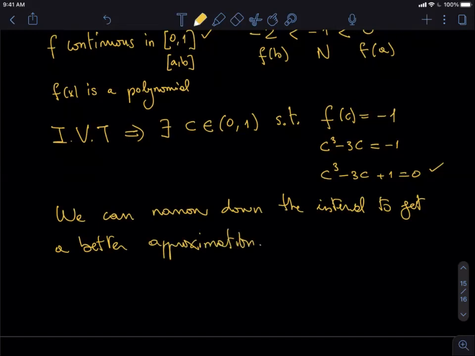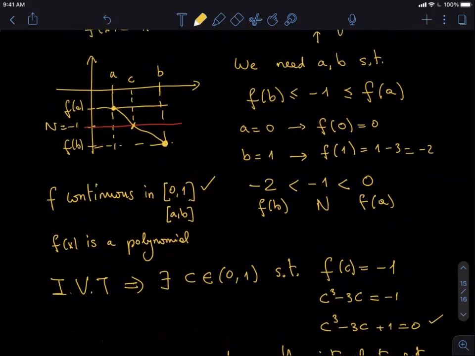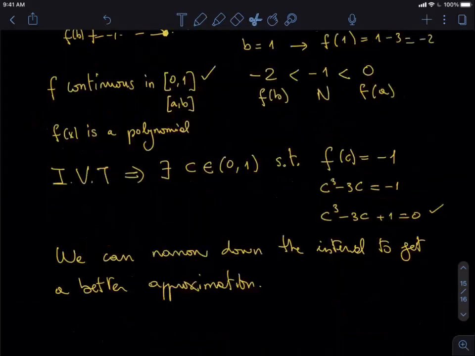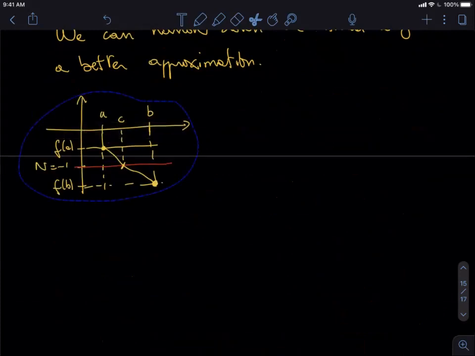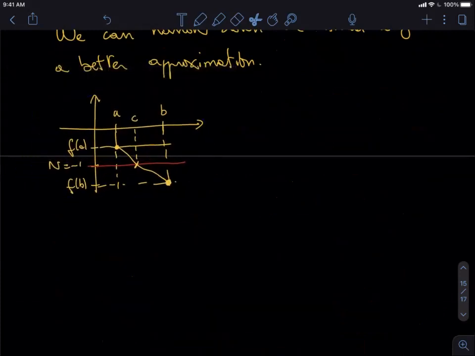And how do we do that? Remember the picture we have here. Let me copy paste. What we are going to do is to test at x equals 1/2 and see if it's positive or negative.